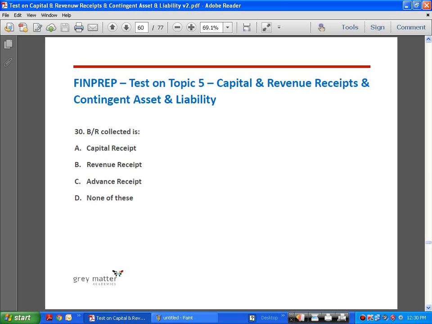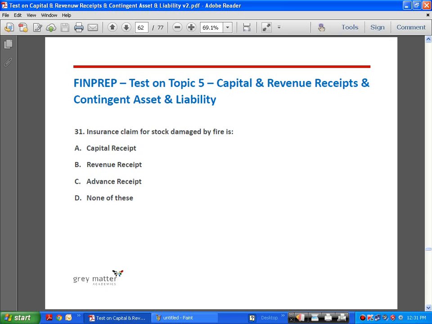Bills receivable collected is also a revenue receipt, because a bill is accepted by our debtor when a credit sale is made, and so on the maturity date when the debtor honors the bill, it is a revenue receipt.